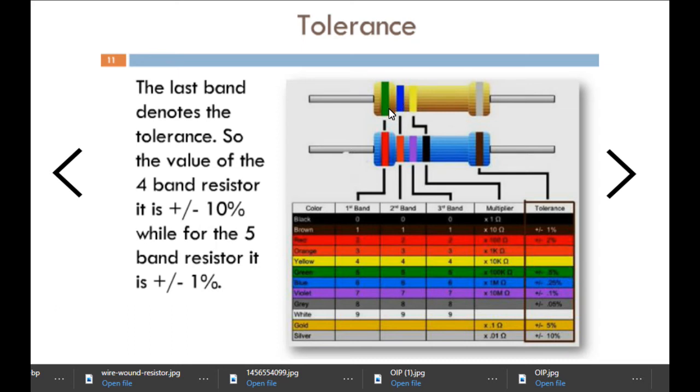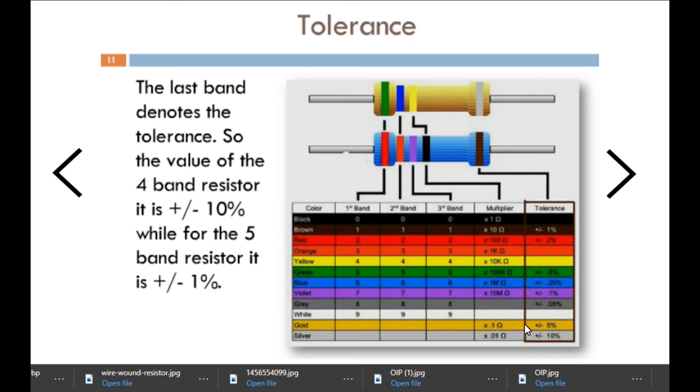For example, if it is green, blue and golden, then what will happen? The first two band values will be 5 and 6, and if the multiplier band is coded with golden, then you have to multiply the first two band values by 0.1, that means 10 to the power minus 1.